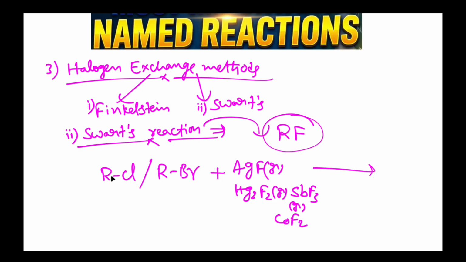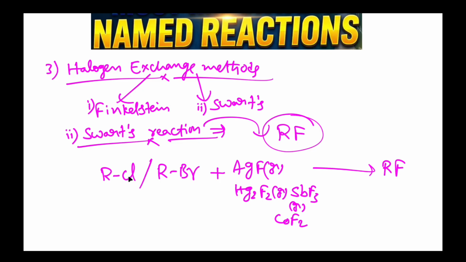Alkyl chlorides and alkyl bromides react with any fluorinating reagent like silver fluoride, mercury fluoride, antimony fluoride and cobalt fluoride to form alkyl fluorides.